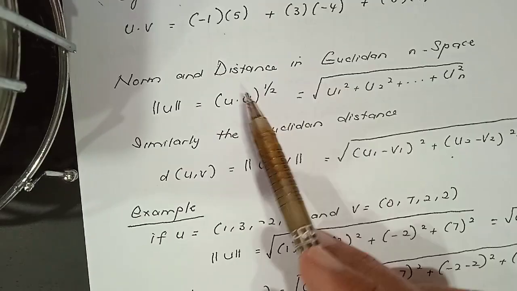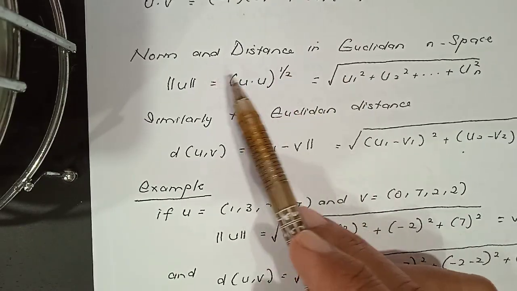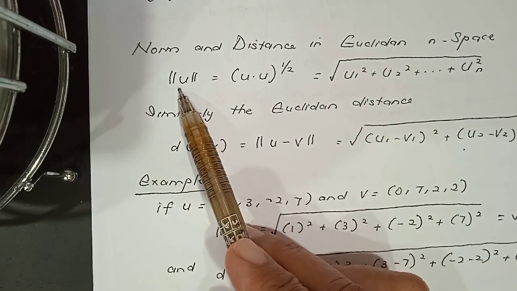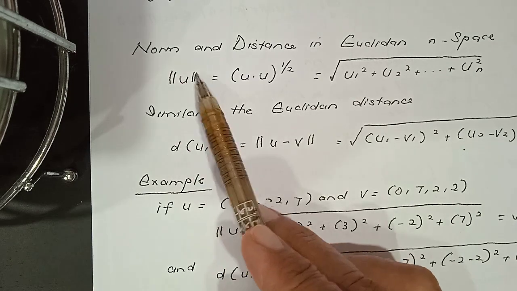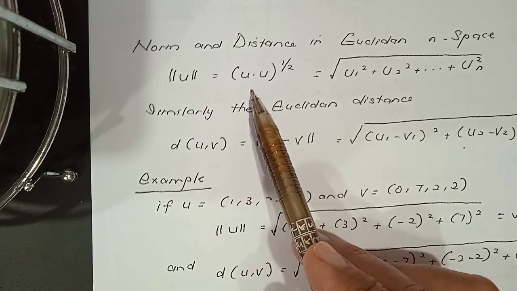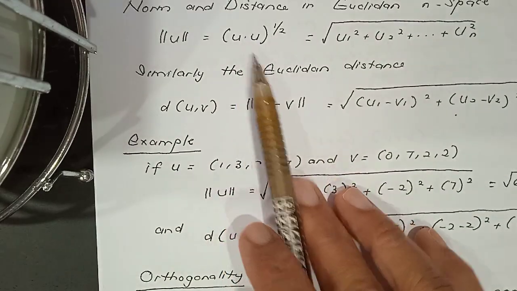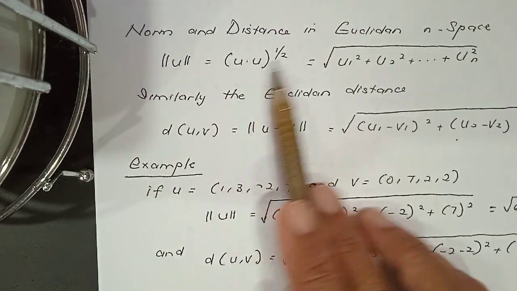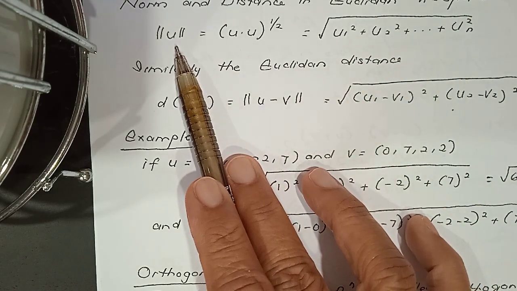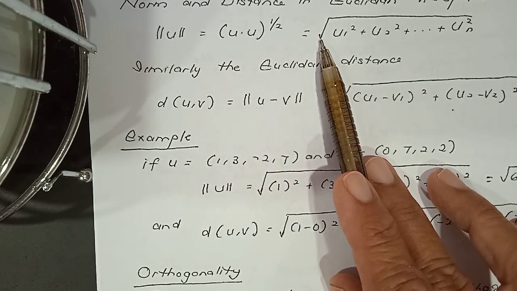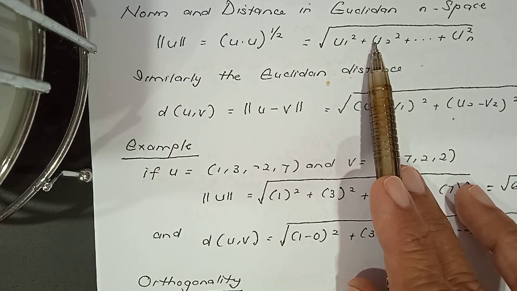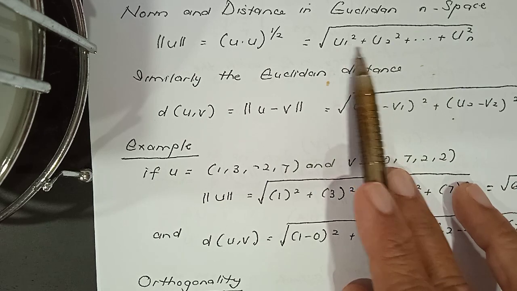Okay, for norm and distance in Euclidean n-space, for norm or length, and distance, there is a symbol for each. The length of a vector is given by the root of the summation of each component squared.